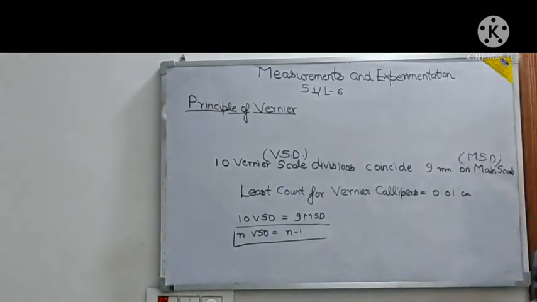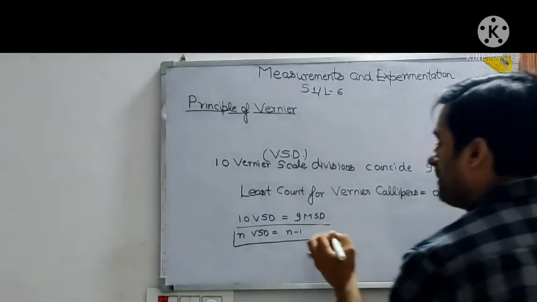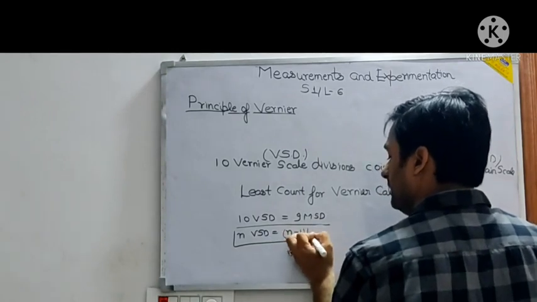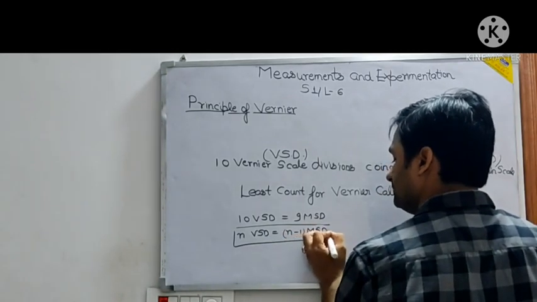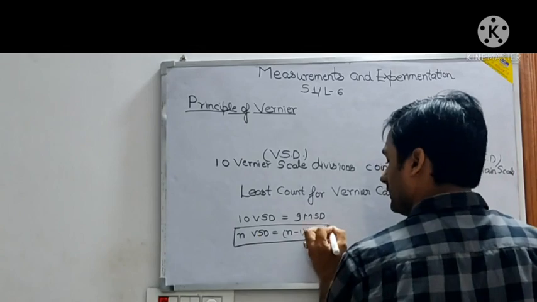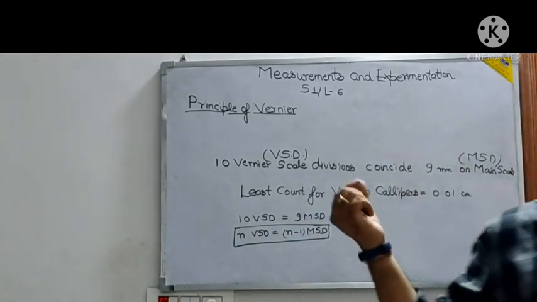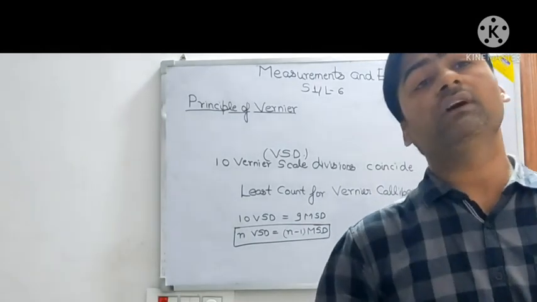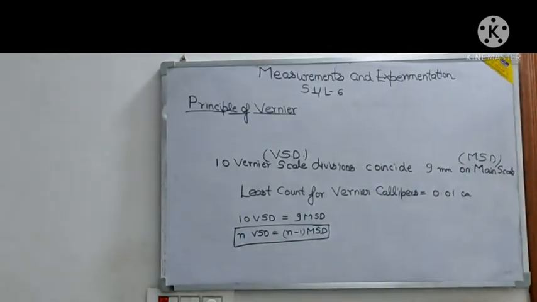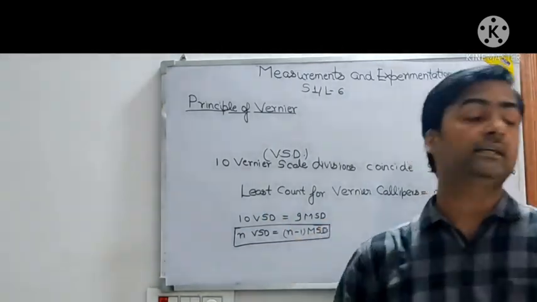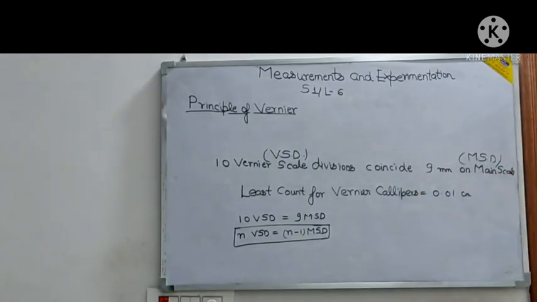That means since this is being achieved here, that is why we can give that accuracy. 10 VSDs are coinciding with the 9 MSDs. That's why this has an accuracy of 0.01 centimeter.